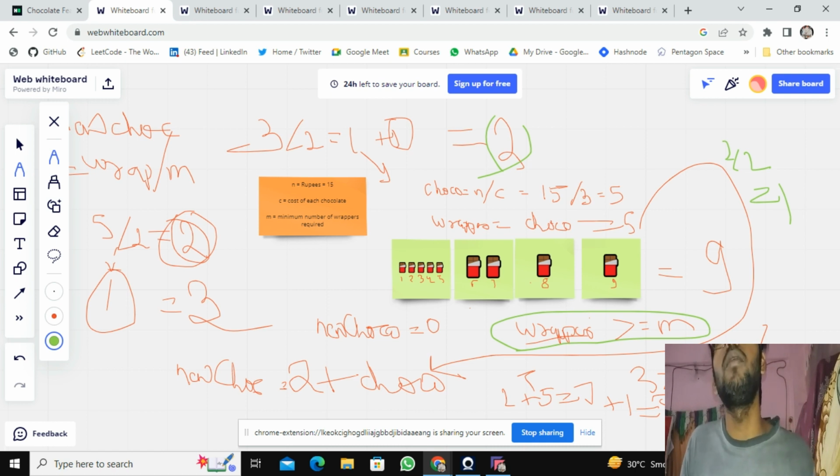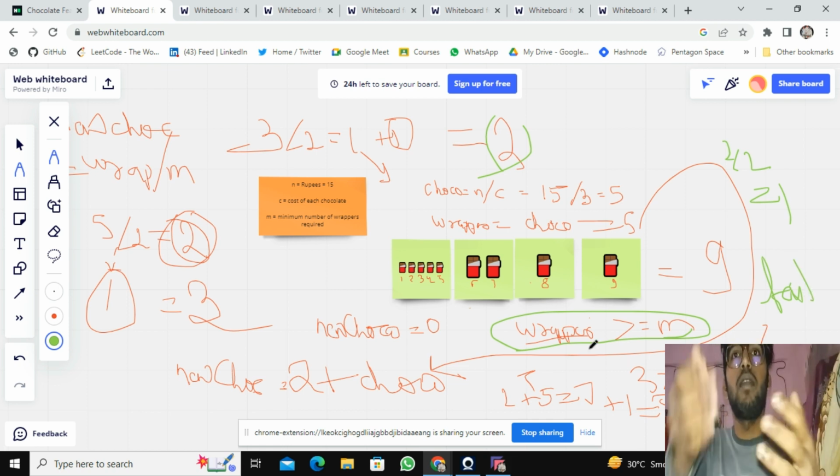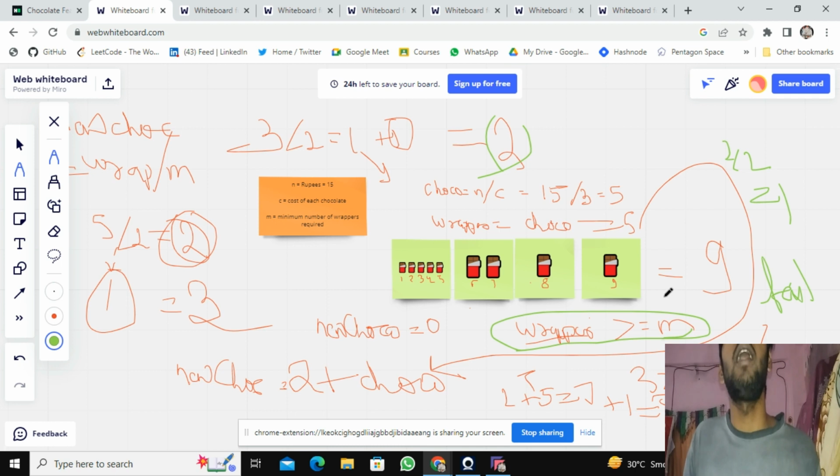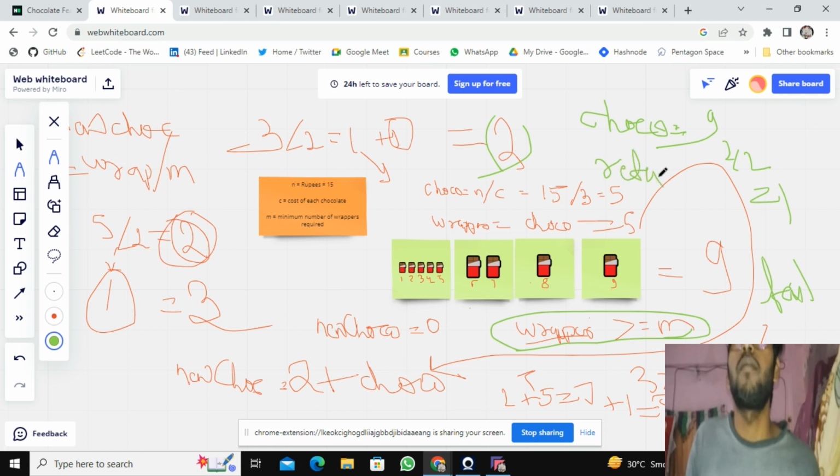Now wrappers is less than M, hence the condition failed and the loop will terminate. So at last I'll be left with 9 chocolates, and I will simply return that.